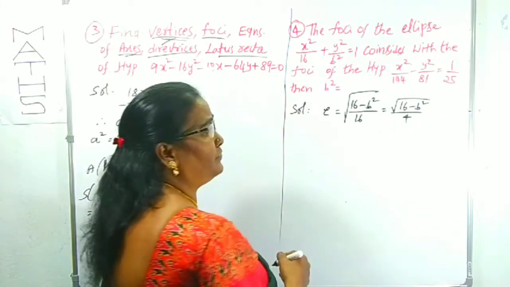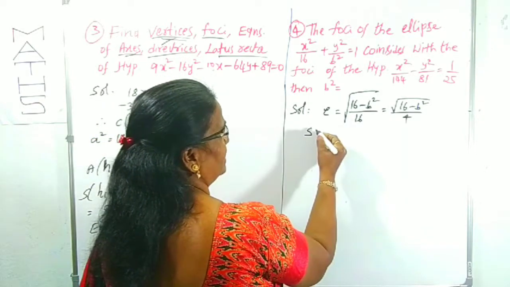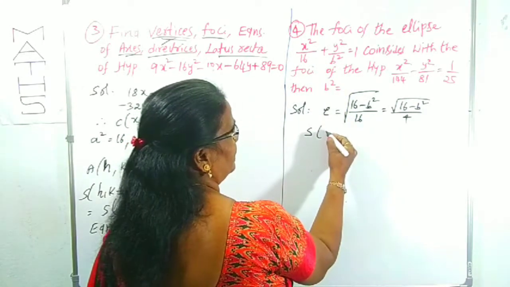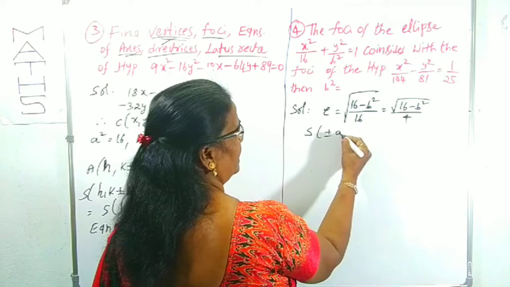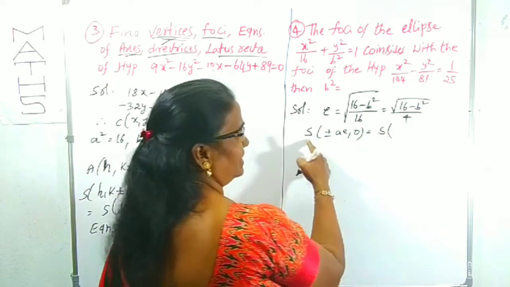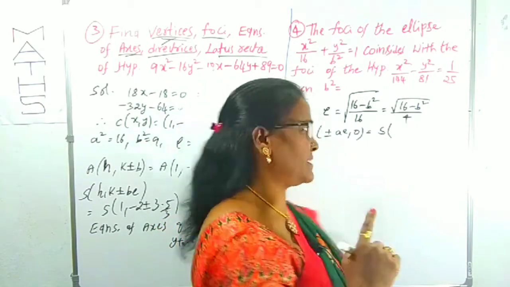Now we can find the foci. Here the center is at (0, 0), so we can simply take (±ae, 0). I am taking the symbol S for the foci of the ellipse.